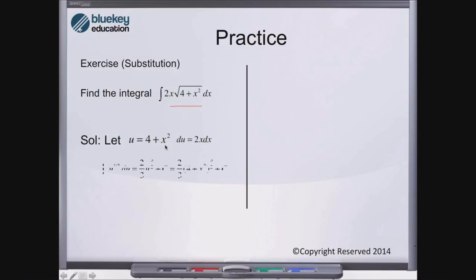So my function becomes the integration of u to the power 1/2, and becomes 2 over 3 u to the power 3/2 plus constant. And then I substitute back 4 plus x squared in terms of u. There's my solution. I want to emphasize here, you cannot combine the new variable, u, and the previous variable, x, in the function together.